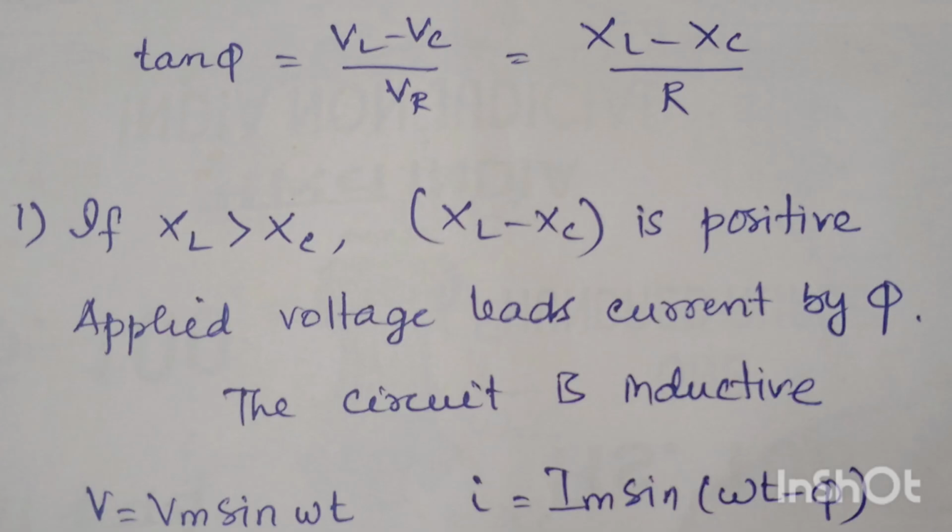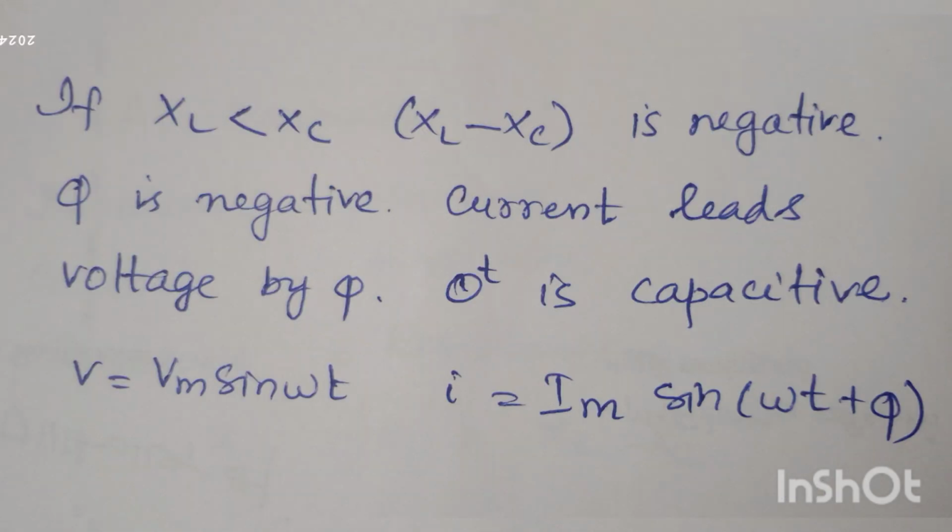If XL is greater than XC, then XL minus XC is positive. Then applied voltage leads current by phi. The circuit is inductive. V is equal to Vm sin omega t, I is equal to Im sin omega t minus phi. If XL is less than XC, then XL minus XC is negative, phi is negative, current leads voltage by phi.